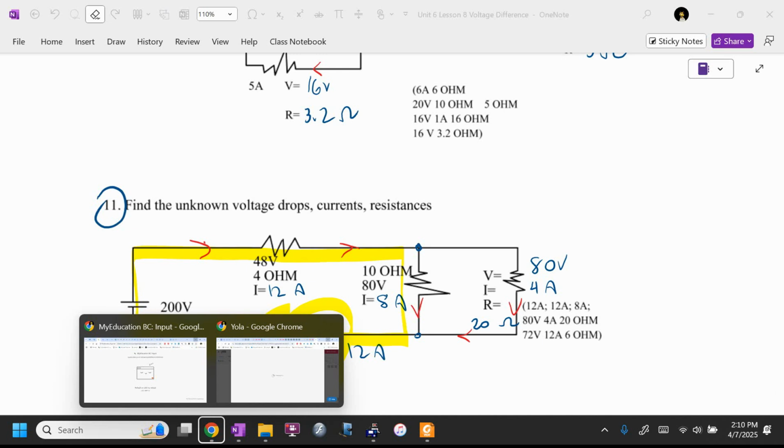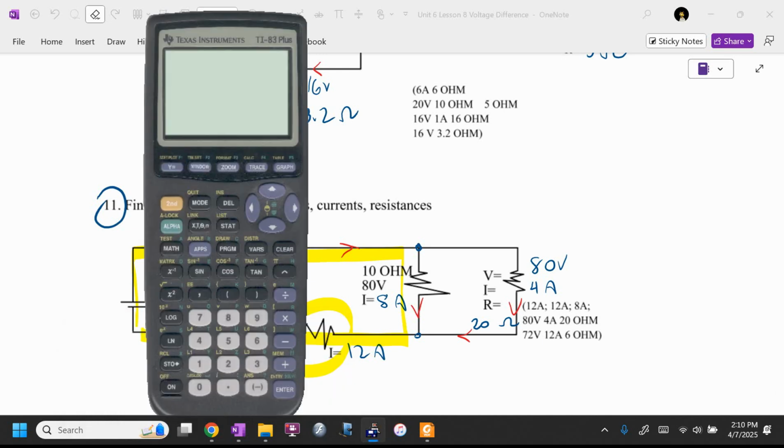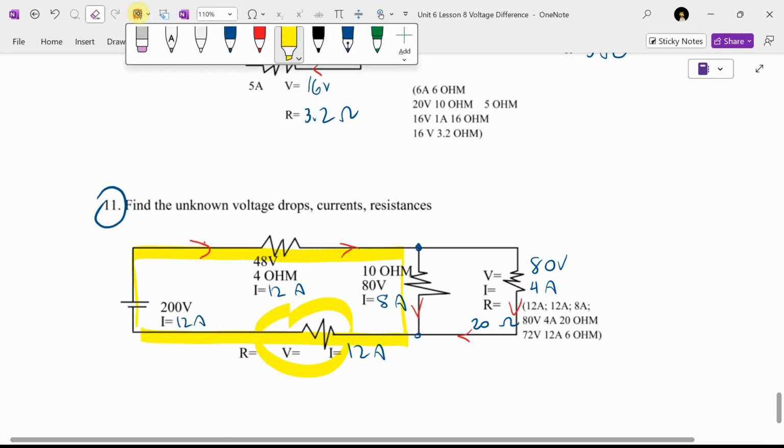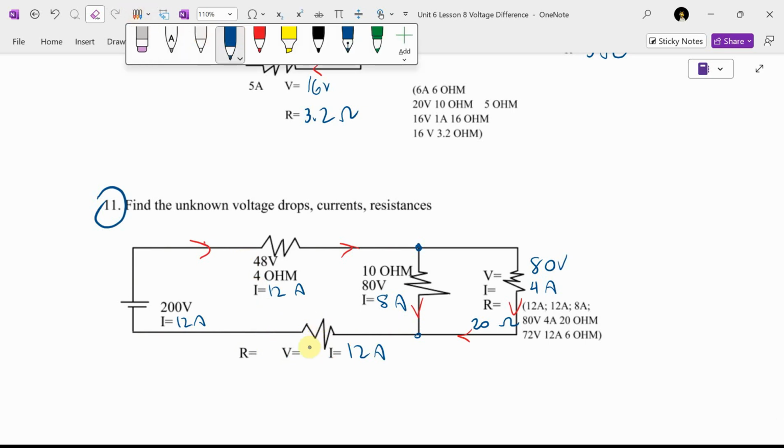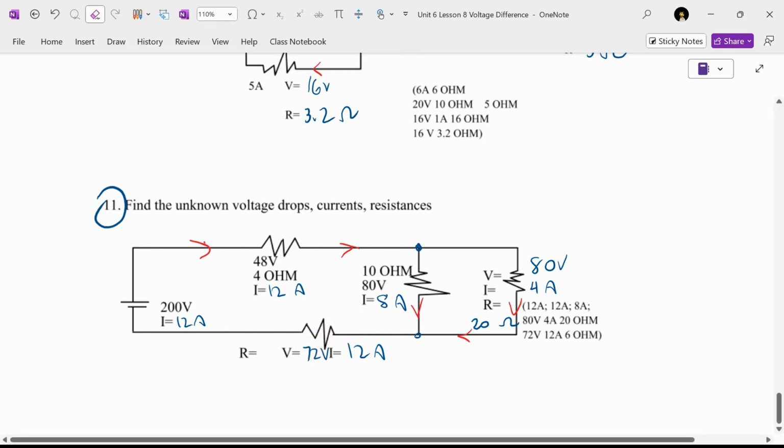So it's going to be 200, take away 48, take away 80, and I get 72. And now I know 2 things. I can find 3 things. The resistance is going to be, I'm pretty sure, 6 ohms, because 72 divided by 12 is 6.